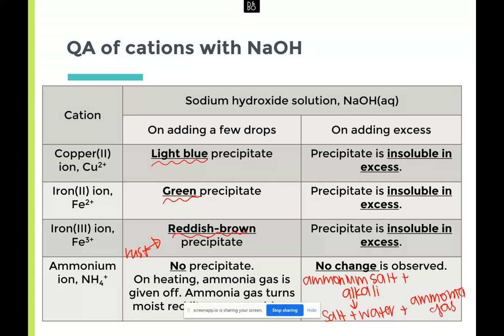Because it produces ammonia gas, we can test for ammonia gas here. Ammonia gas is given off, and it will turn moist red litmus paper blue. Why do you need to make it moist? Because ammonia gas needs to dissolve in the water to be able to turn the red litmus paper blue. On excess, we don't see any change.